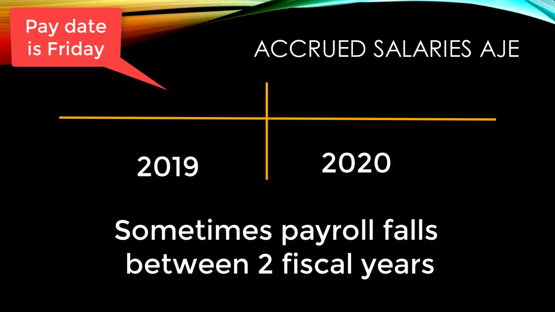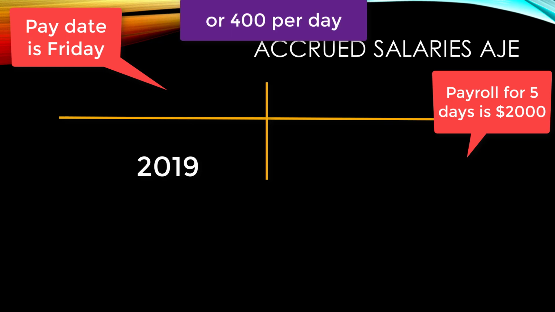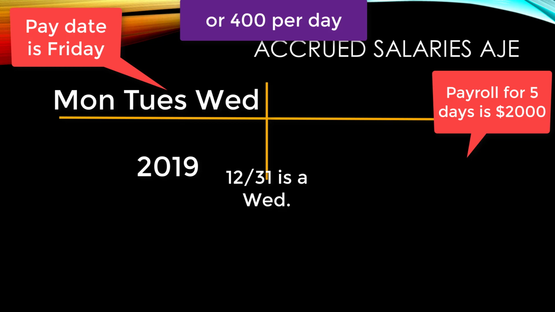Let's assume that a company has a pay date on Friday, and let's also assume that the average 5-day payroll is $2,000. This equates to $400 a day. If the fiscal year ends on a Wednesday, that means that 3 days would have been worked in one year and 2 days in another.